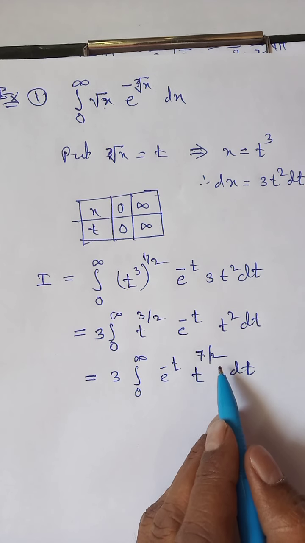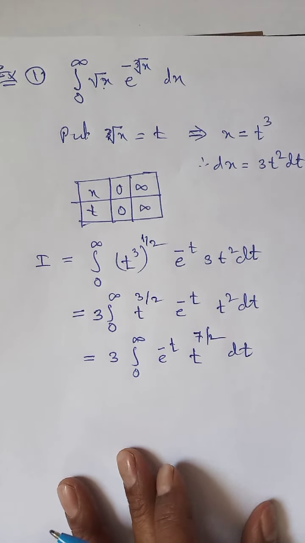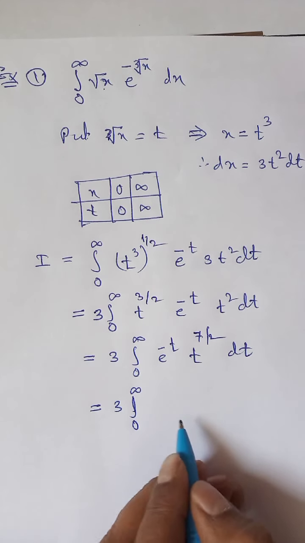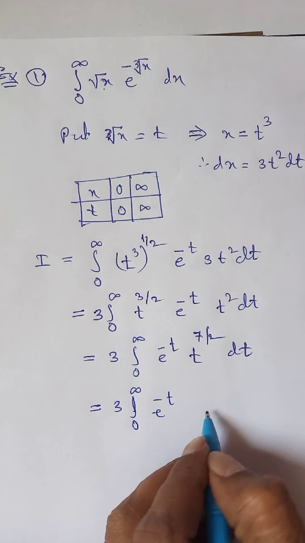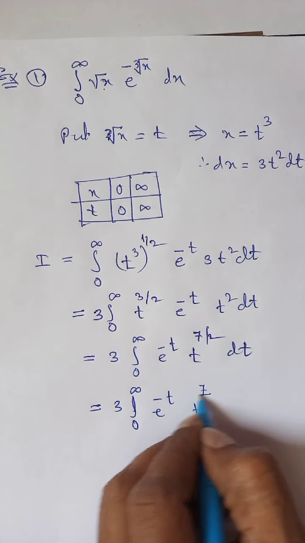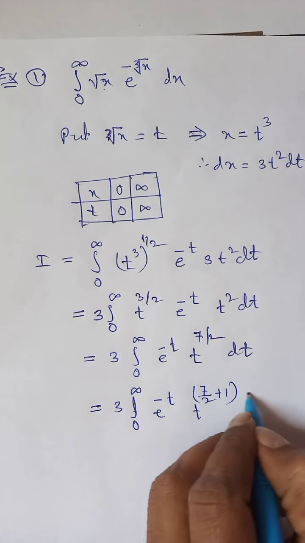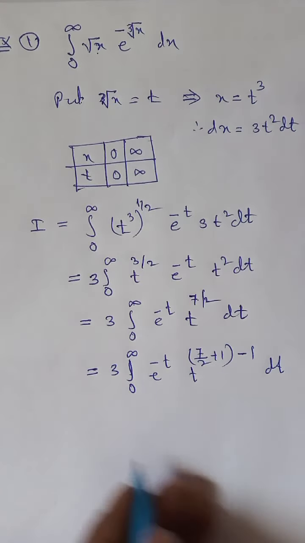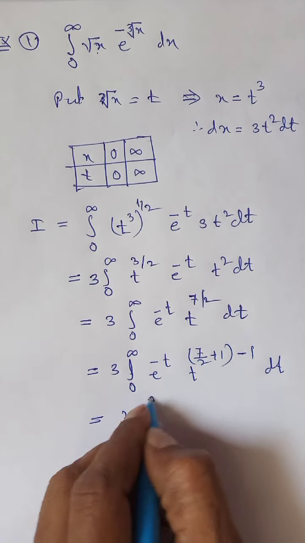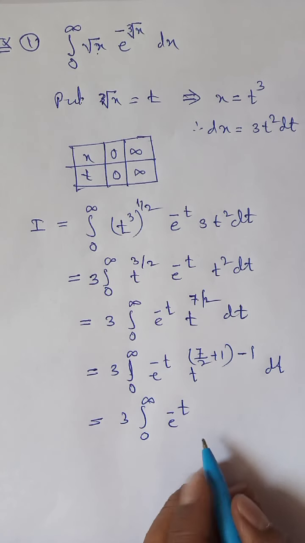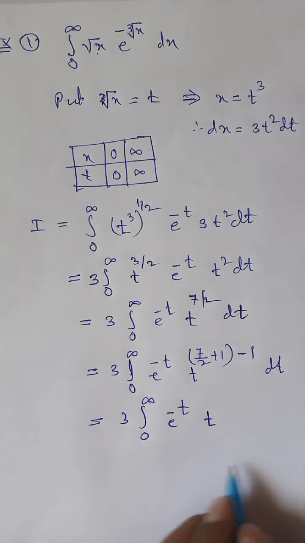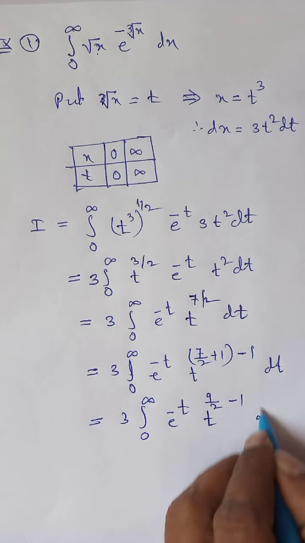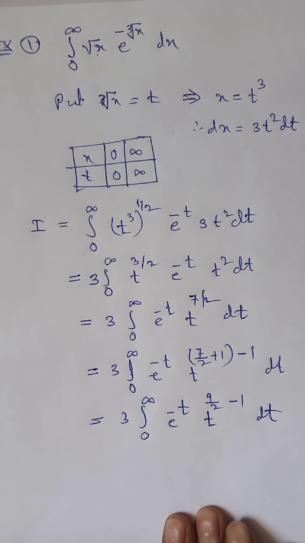So this power 7 by 2, we'll write it in the form of n minus 1. So 3 integral from 0 to infinity e to the power minus t, t to the power 7 by 2 plus 1 minus 1. We'll add and subtract 1 there. So we'll have 3 integral from 0 to infinity e to the power minus t into t to the power 7 by 2 plus 1, 9 by 2 minus 1, into dt.